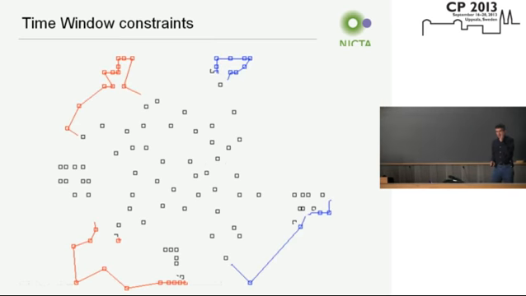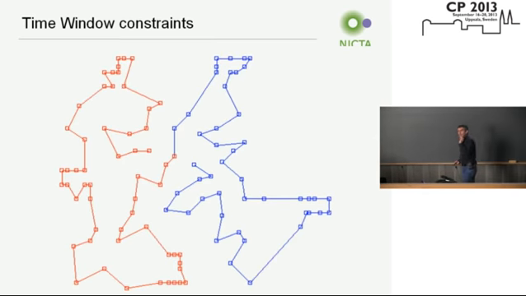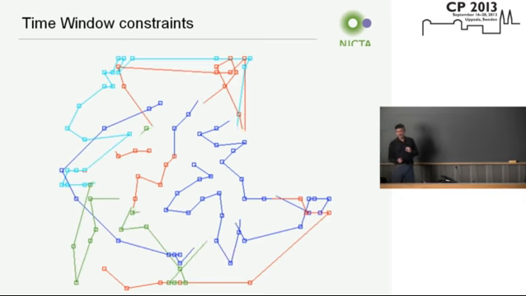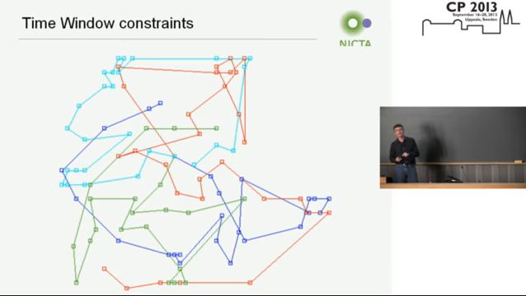So here's another classic benchmark problem from the literature. This is it solved without time windows. This is it solved with the time windows that are in the benchmark problems.